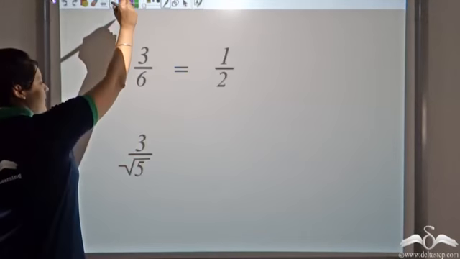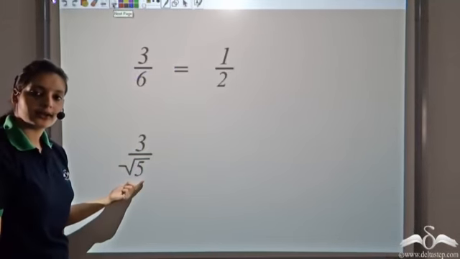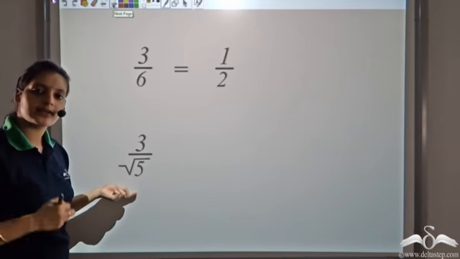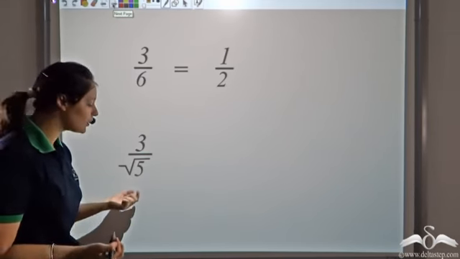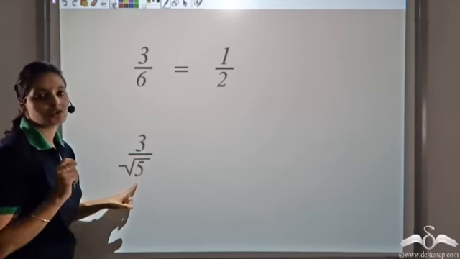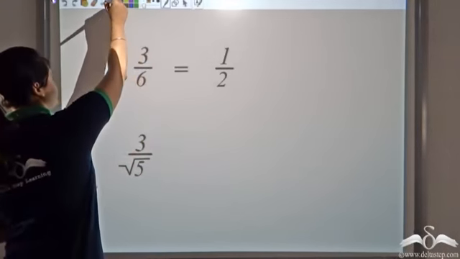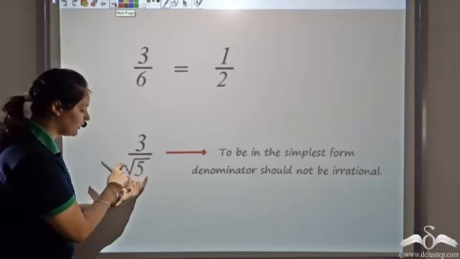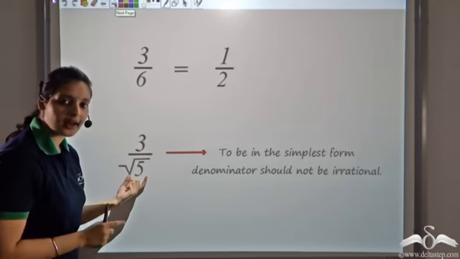Now let's look at this irrational number, which is 3 by under root 5. Now, to write this irrational number in its simplest form, what I need to do is, the denominator should not be an irrational number. To be in the simplest form, the denominator is under root 5, which is an irrational number.